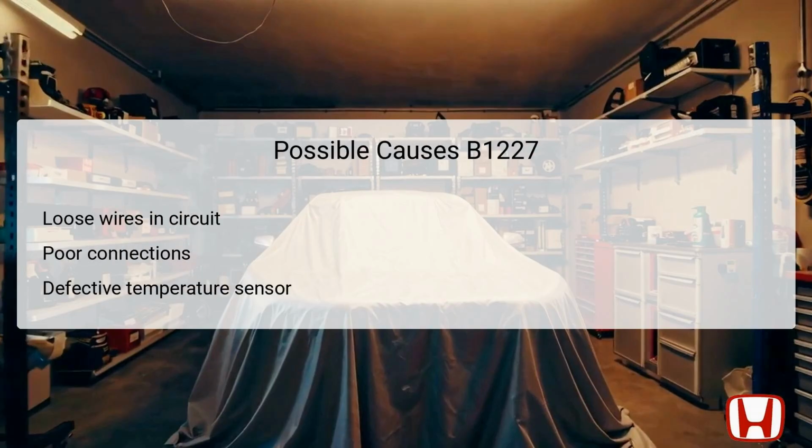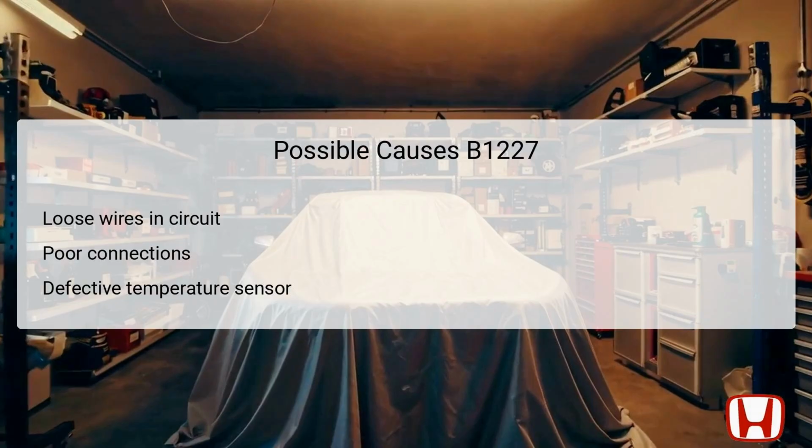The potential causes of DTC B1227 include loose wires within the circuit, poor connections, or a defective outside air temperature sensor. Loose wiring can create intermittent contact, leading to signals not being transmitted properly. Poor connections, such as corroded or oxidized connectors, can also prevent reliable communication between the sensor and the climate control unit.